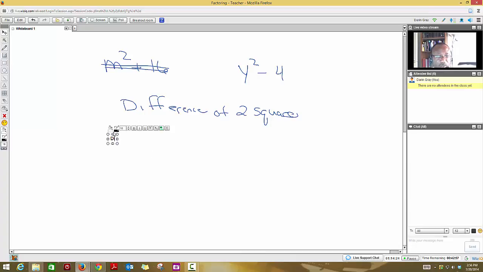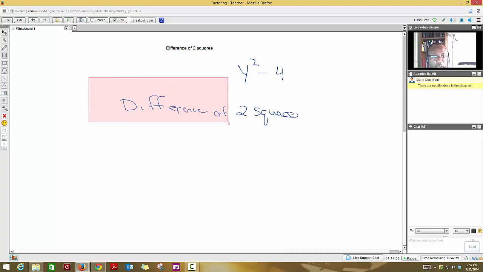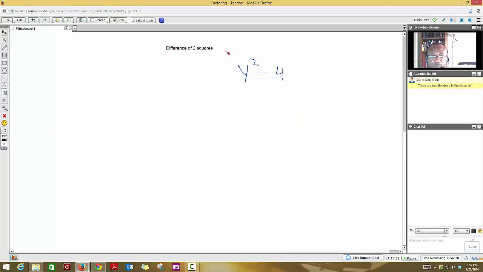That's pretty important, so I'm going to write difference of two squares, because that is so important. I just decided to do that. So let's clean up our workspace a bit here. And here. And here. And here.